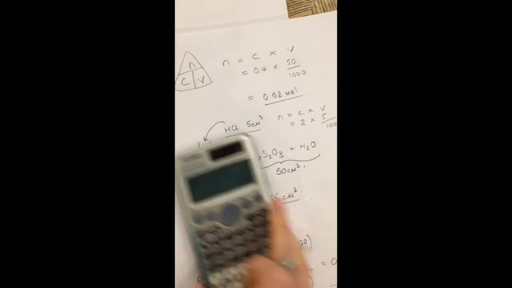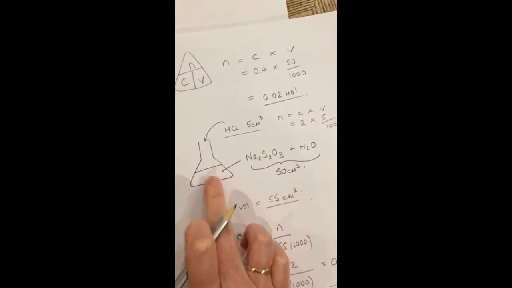So we actually put 0.01 moles of HCl into that conical flask. What's the new concentration of HCl? Well, it's those moles divided by the new total volume. So again, that will be 55 centimetres cubed, because that's where those moles are now. They're in that conical flask.